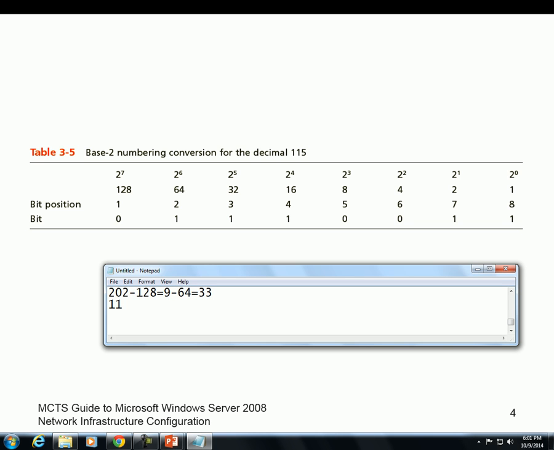Did I write that wrong? 202 minus 128. Calculator's too big. What am I doing? It's not even 96. Hold on. 202 minus 128. Where did I get 96 from? Whew. That's crazy. Okay, we're going to do this.